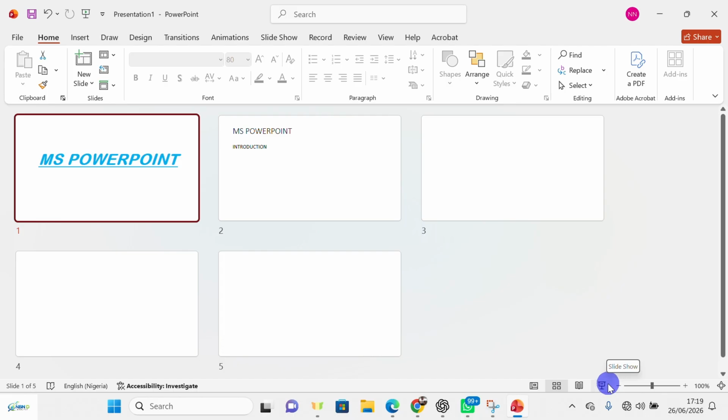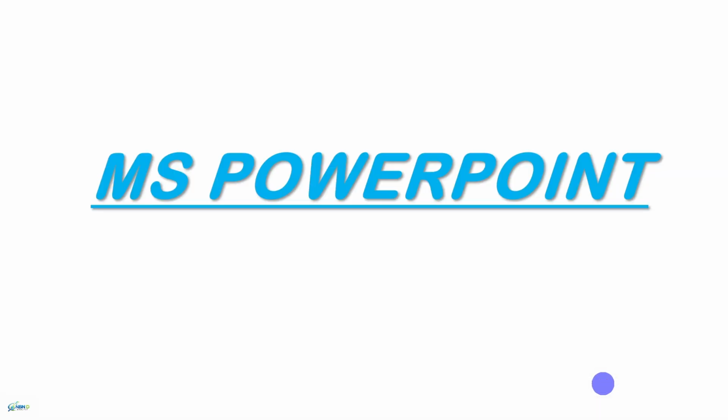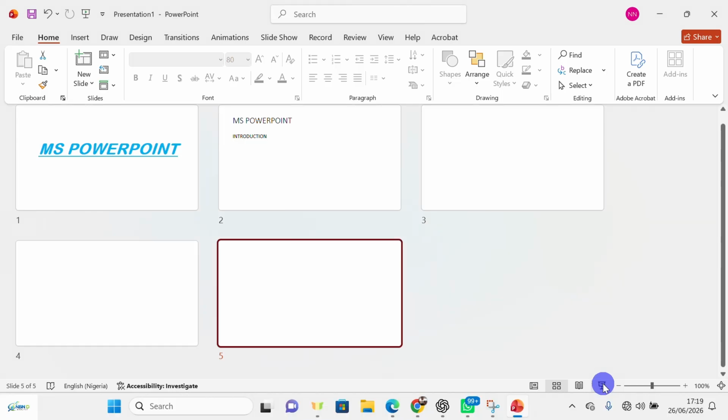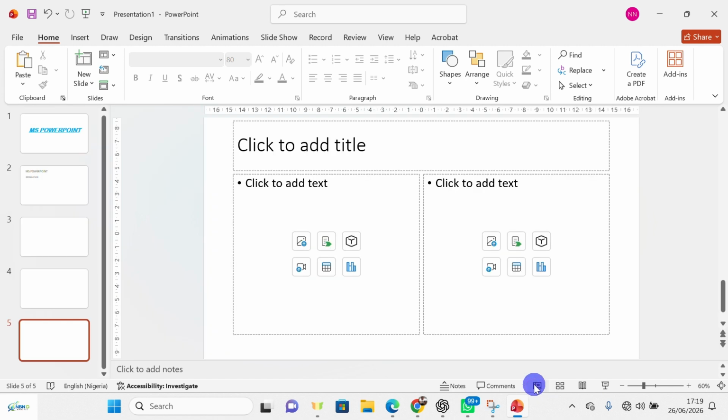I can use the slideshow. When I use my slideshow, it looks very large, the way you're seeing it now. I can use my right arrow key to move between the various slides. When I'm done, I can use my Escape key to return back here. Let's return back to our normal view.